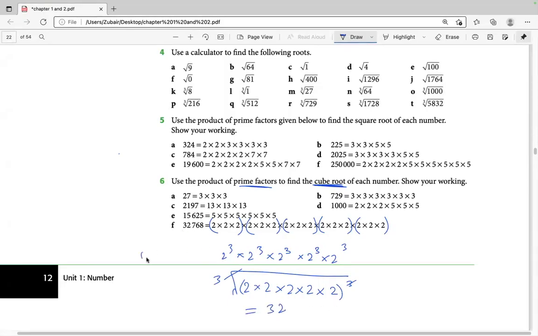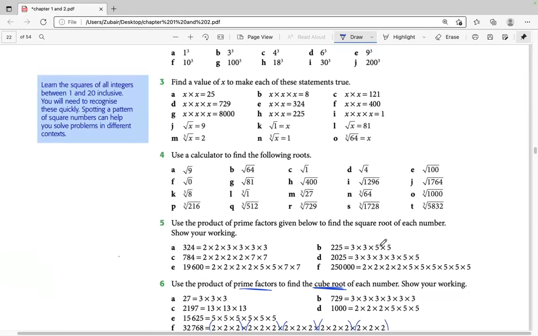So cube root of 32768 is 32. So we may select any of them randomly and make pairs of 3.